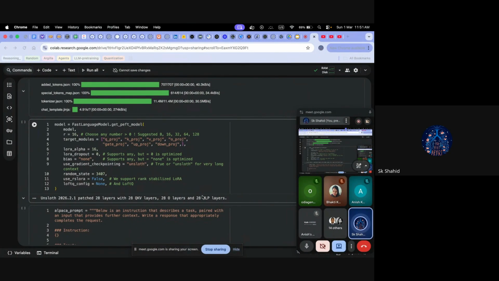So these QKV attention layers will give us the information on how to get acquainted with the new information that is coming. It's more like a how kind of a thing: how to understand the user data that we are fine-tuning with. And the gate, up and down MLP layers are more like what to do.